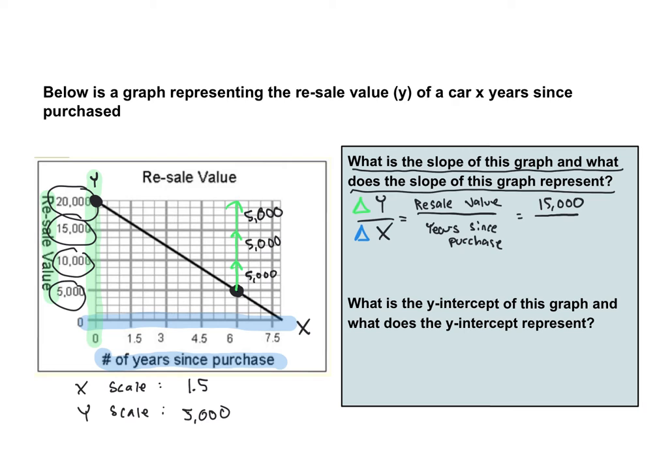So I'm going to be moving to the left 1, to the left 2, to the left 3, and to the left 4. So again, if my scale was just by 1, then that would be a denominator of -4, or change in x of -4. But my x scale is 1.5.